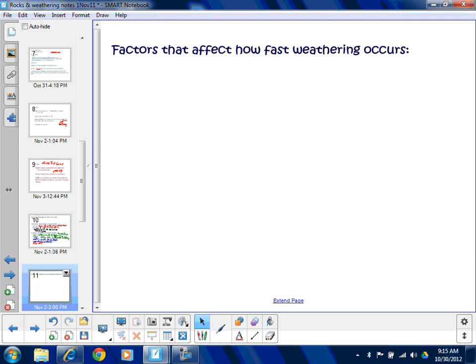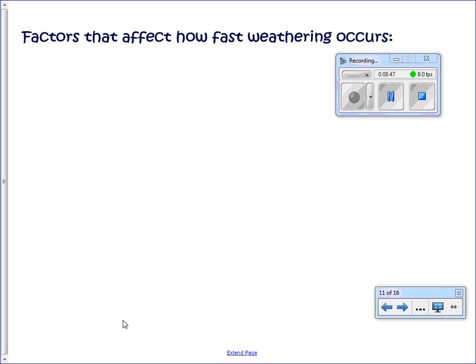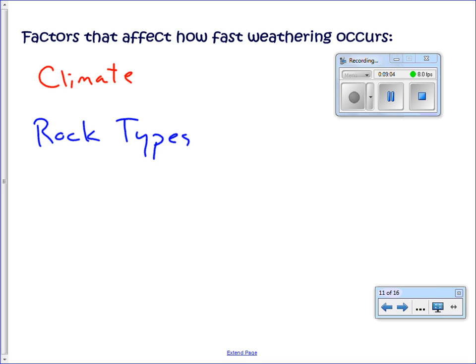Put that back on top. How can the climate affect how fast weathering occurs?